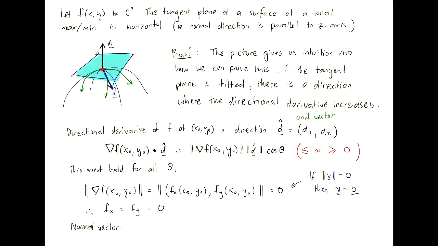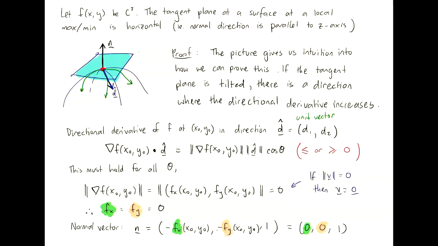So that's good news, and it also means that we can define our normal vector to be minus f_x at x naught, y naught, minus f_y at x naught, y naught, 1 from last week, although I moved the minus signs in front of the f_x's and f_y's, which is equal to 0, 0, and 1, because f_x is 0 and f_y is 0.